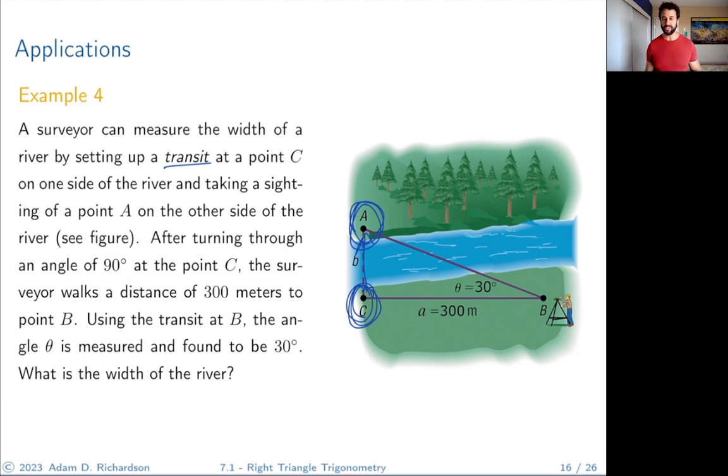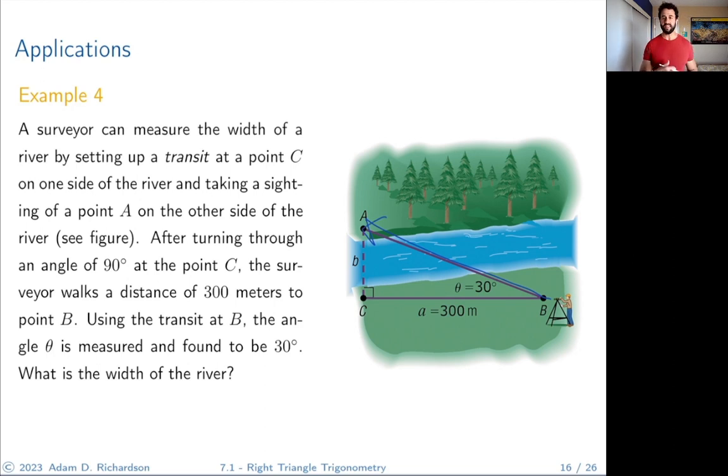Then the surveyor turns through an angle of 90 degrees at the point C, and walks a distance of 300 meters. Then they turn the transit and point it at point A again.